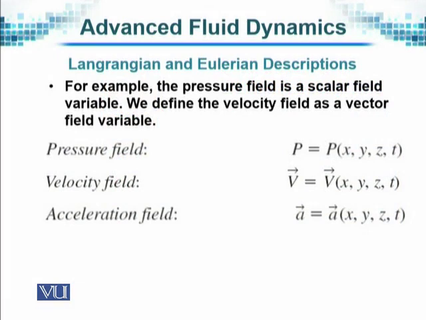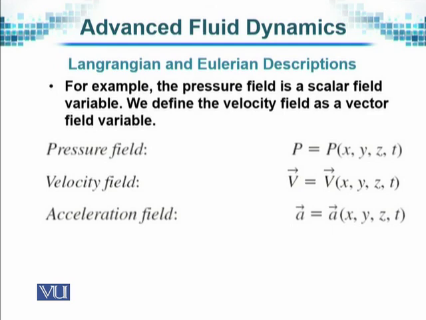If we need to write that in our notation, we represent the pressure field by P of x, y, z and t if it depends on time as well. The motion is generally unsteady. But if it is steady, then t will not appear and will disappear from the equations.